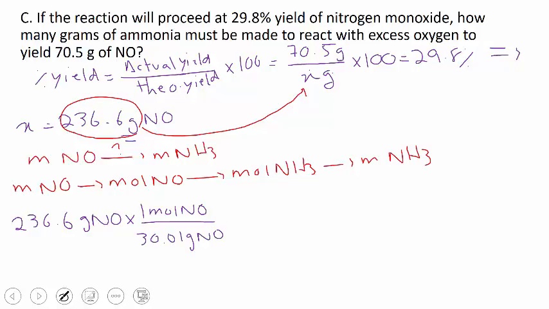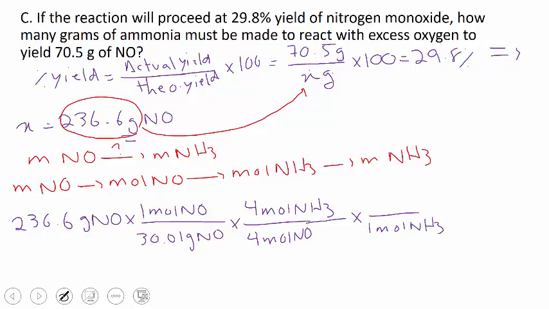And then based on the balanced reaction, each 4 moles of nitrogen monoxide is produced by the reaction of 4 moles of ammonia. And now to convert this to mass, each mole of ammonia is 17.04 grams.